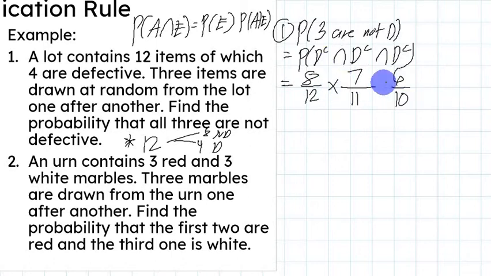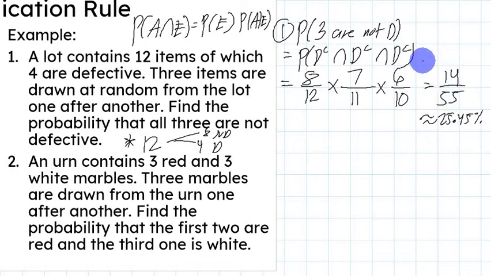By the multiplication rule, we multiply these probabilities. Therefore, we get 14 over 55, or around 25.45%.